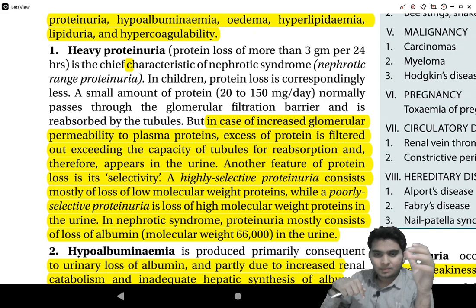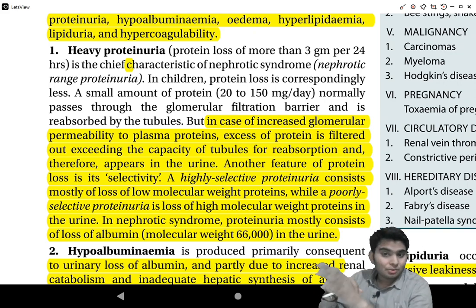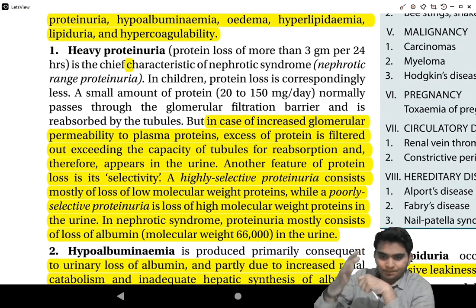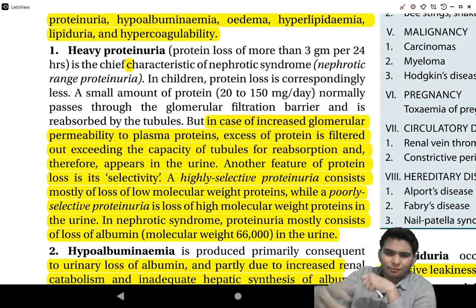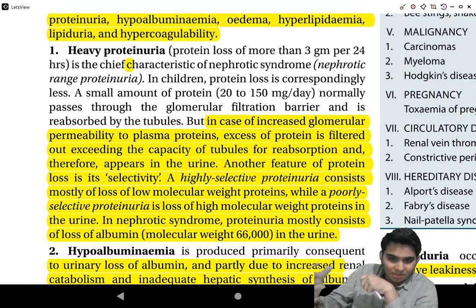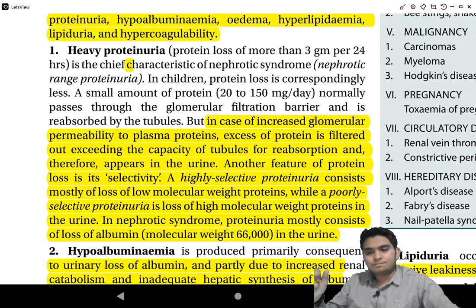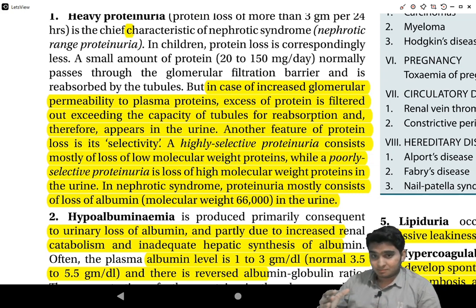For example, imagine hypothetically that 10 units of protein can be reabsorbed by the tubules at maximum. But in the disease, filtration of protein is 13 units or more. The tubules can absorb only 10 units, so the extra 3 to 4 units, or whatever amount is extra, is released in the urine. So this is the mechanism.